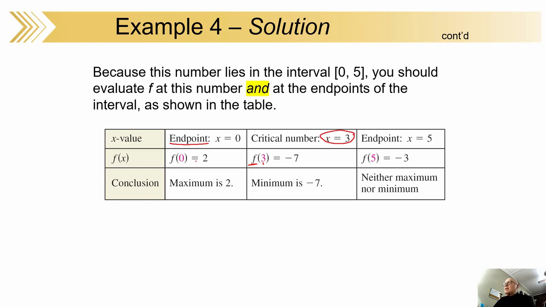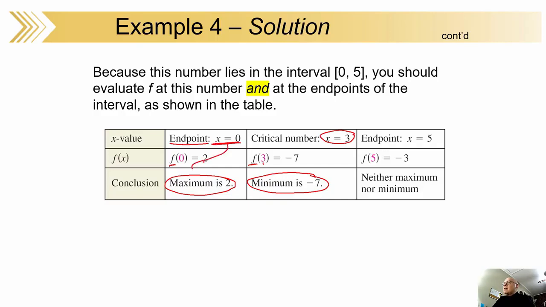So you put the endpoints in the function itself, see what you get. Put the critical number in the function, see what you get. And the other endpoint in there, see what you get. And just look at the 2, the negative 7, the negative 3. The biggest one is 2, the smallest is negative 7. You've got your numbers. The maximum is 2, the minimum is negative 7. Now remember, this is not the maximum.